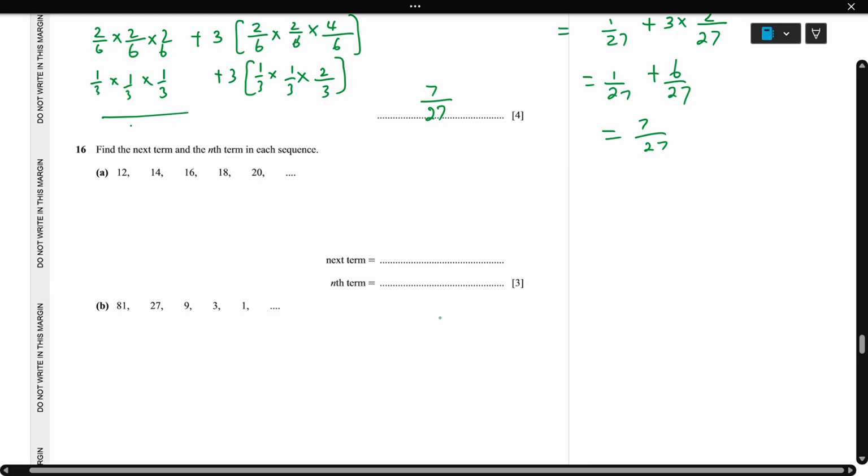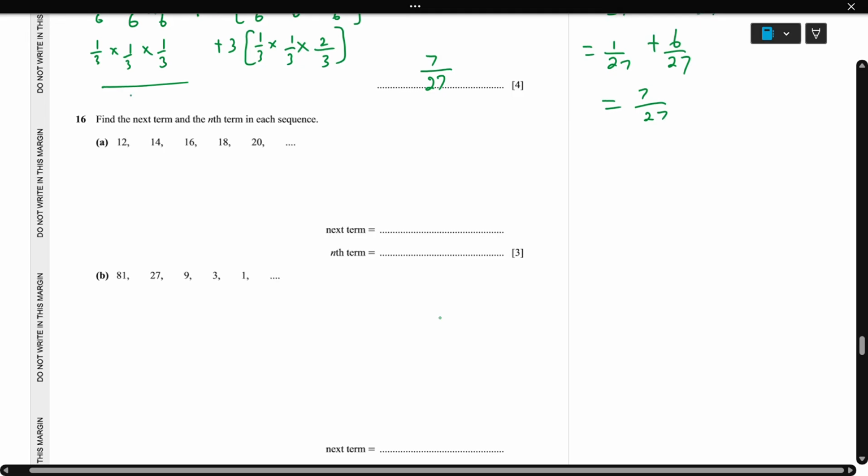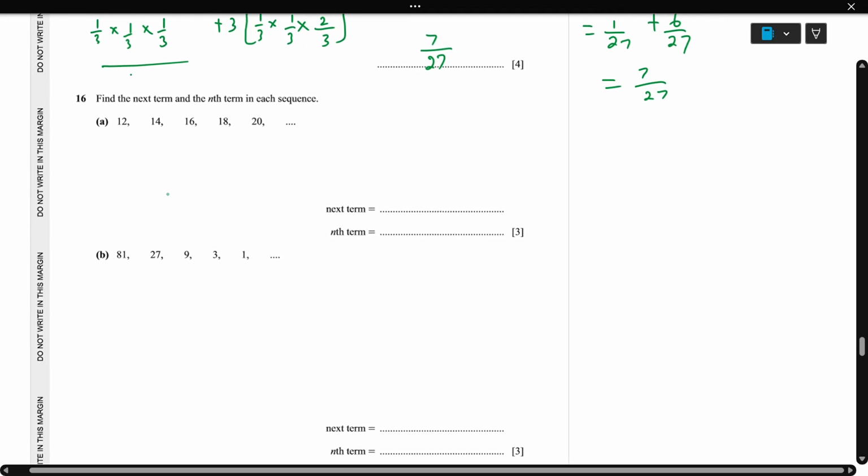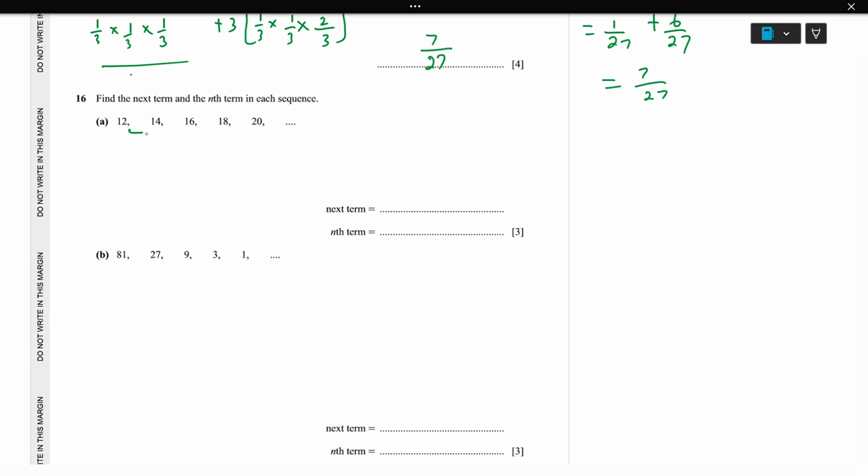Next, find the next term and the nth term of each sequence. The first one, the next term is going to be, each one is increasing by 2, 2, 2, keep going by 2. The next term is going to be 22.